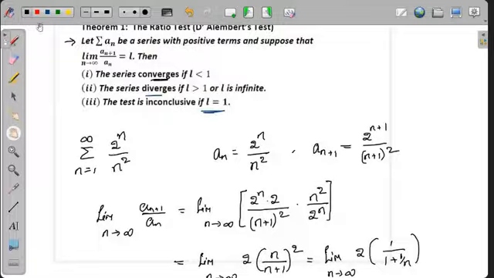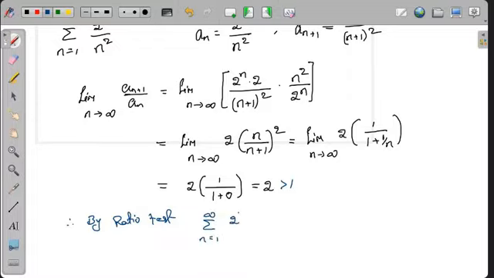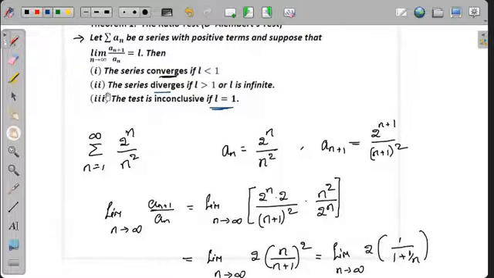So ratio test says that if the limit is less than 1 it is convergent, and if greater than 1 it is divergent. Okay, so here what limit did we get? We got 2. So you know that this is greater than 1. Okay, so therefore by ratio test the given summation, that is summation n equals 1 to infinite 2 power n by n power 2, this is divergent. Since we got greater than 1, the given summation is divergent.